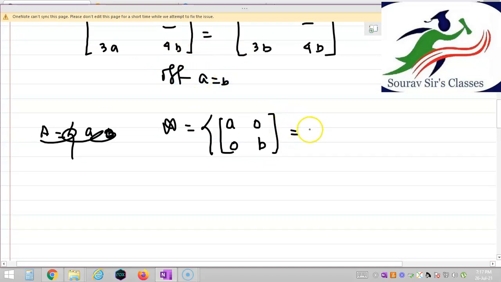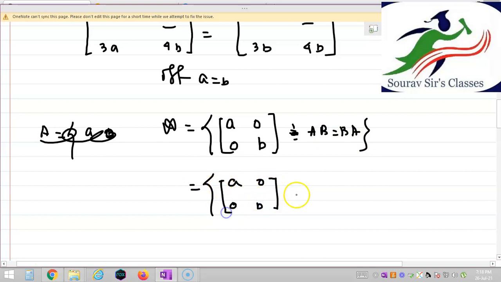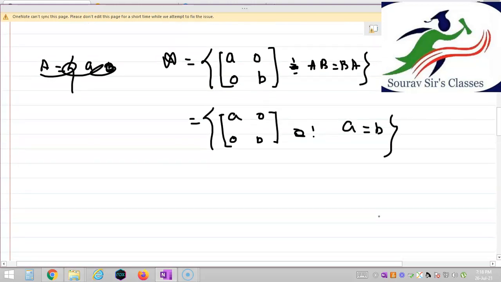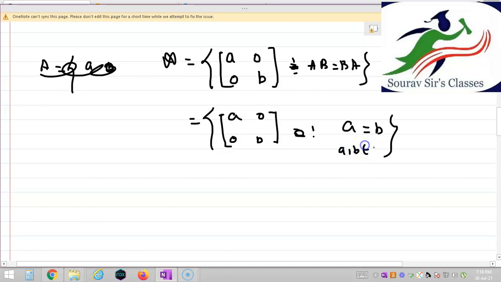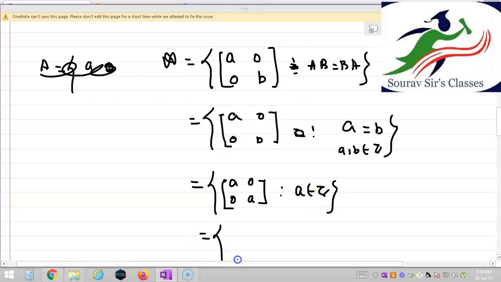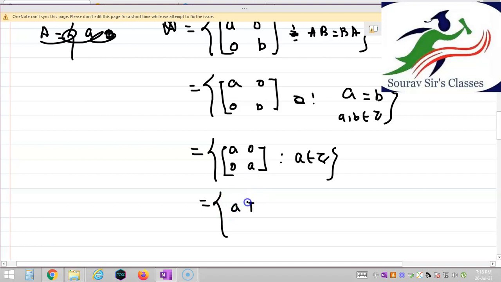So this set is equal to all such a, 0, 0, b such that this small a is equal to small b, where a, b belongs to Z. So I can say this set is equal to a, 0, 0, a such that a belongs to Z. So I can write this as a times the 2 cross 2 identity matrix such that a belongs to Z.